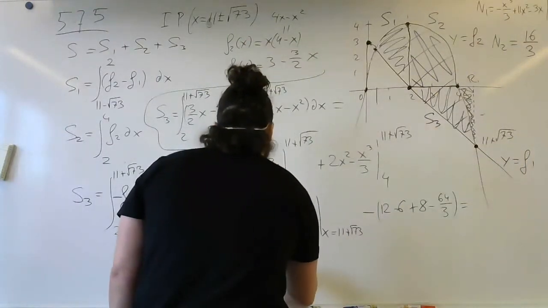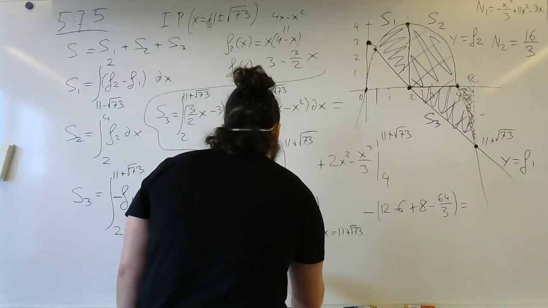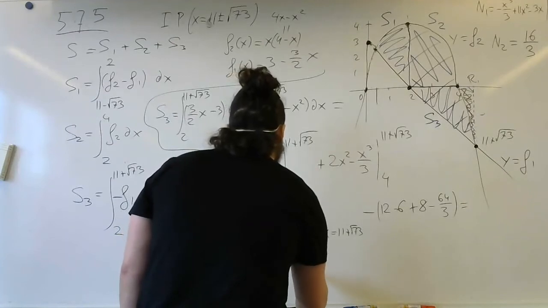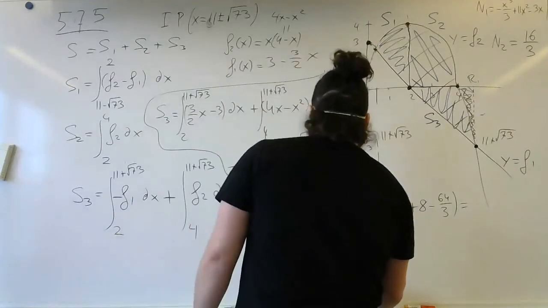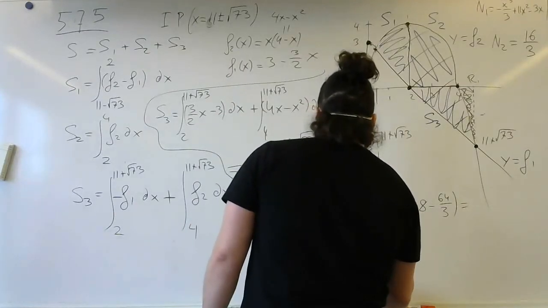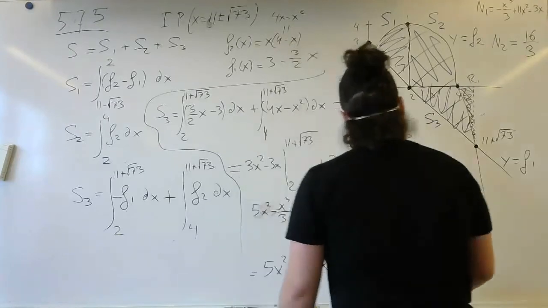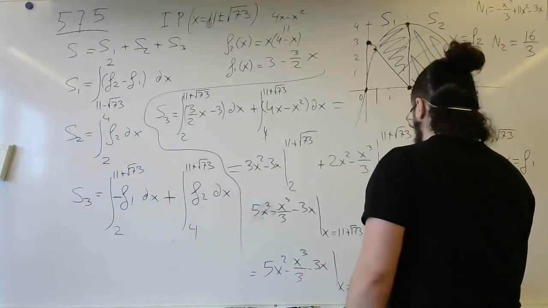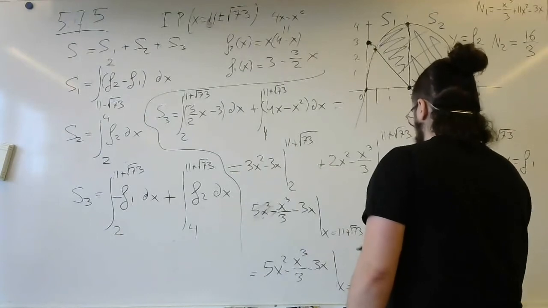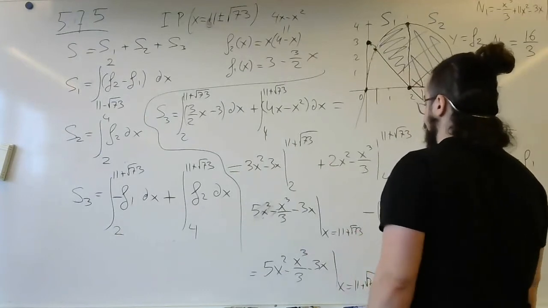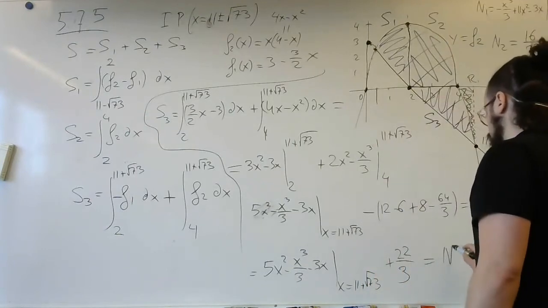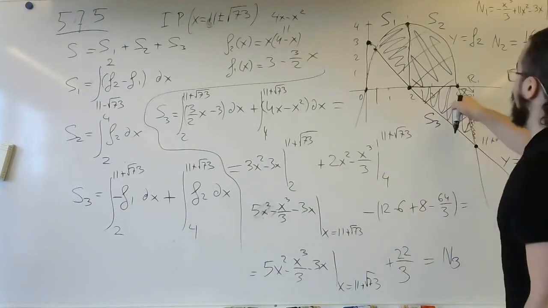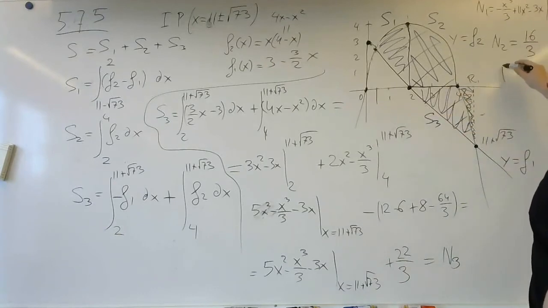So this thing is 5x squared minus x cubed over 3 and minus 3x evaluated in this point over here, plus 22 thirds. Fair enough. And this is n3, the number that corresponds to this area.